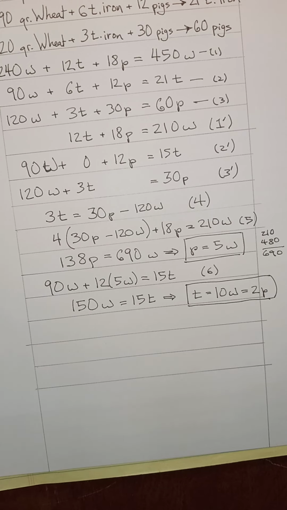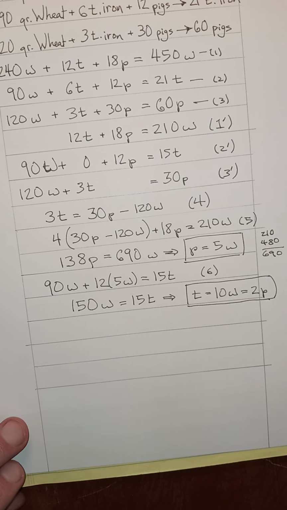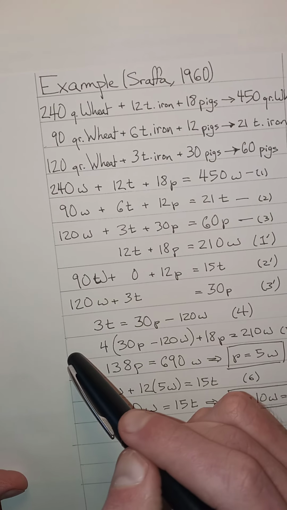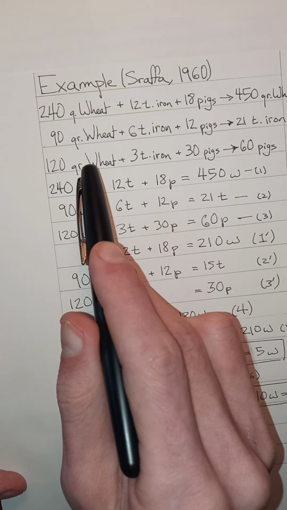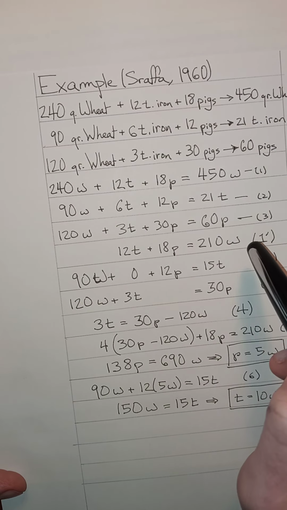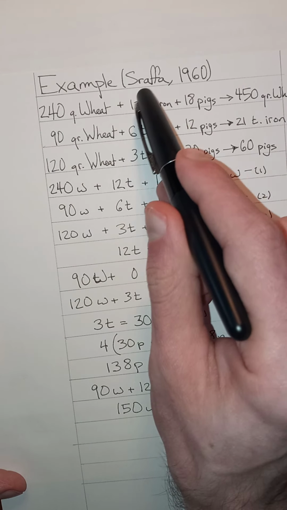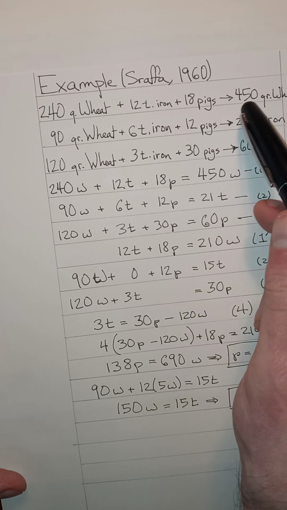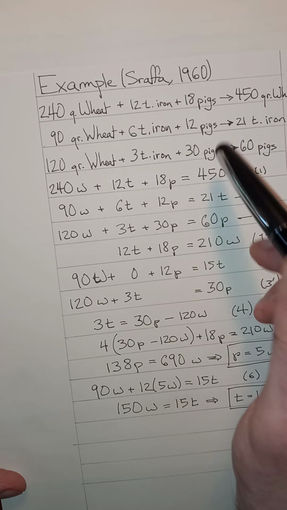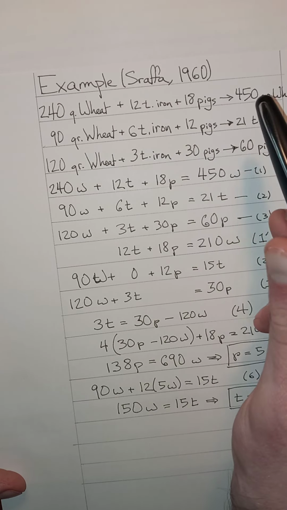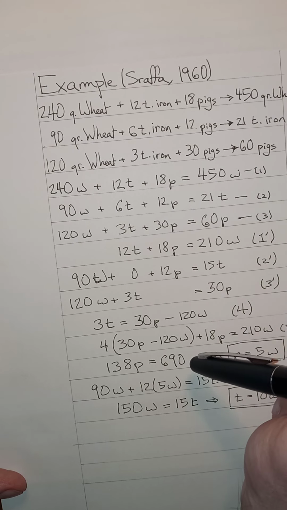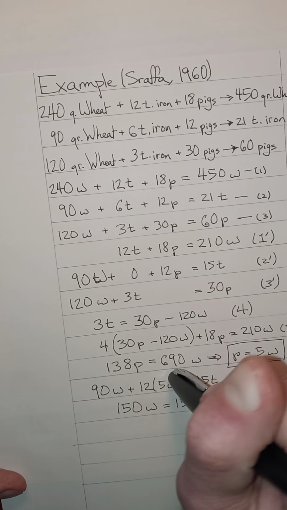This might be a bit perplexing because all the inputs had to equal precisely the outputs, right? The column of inputs of wheat summed up to precisely the amount produced of wheat. Similarly, the inputs of iron for every sector sum to precisely the output of iron. And likewise, the total number of pigs used as inputs is equal to the number of pigs produced.